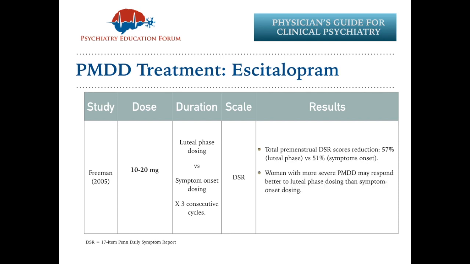But this is what's more clinically relevant I found, which is for a woman with more severe PMDD symptoms, they respond better to luteal phase dosing than to a symptom onset dosing strategy. And both were actually well tolerated in terms of side effect and discontinuation.